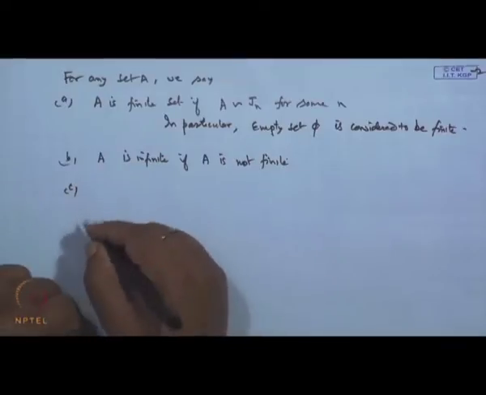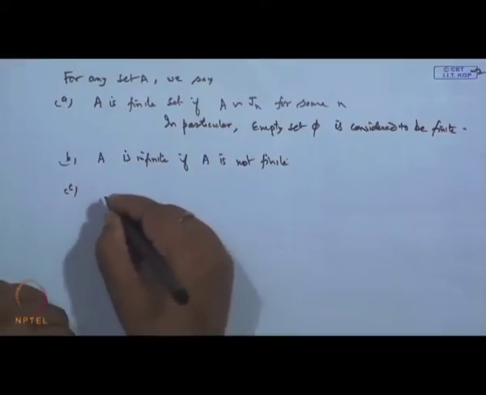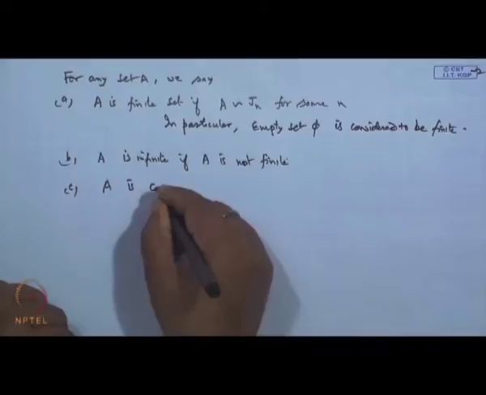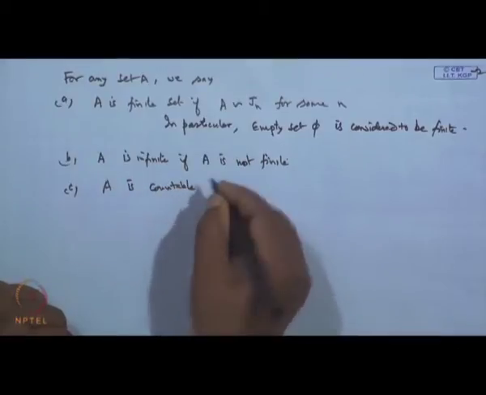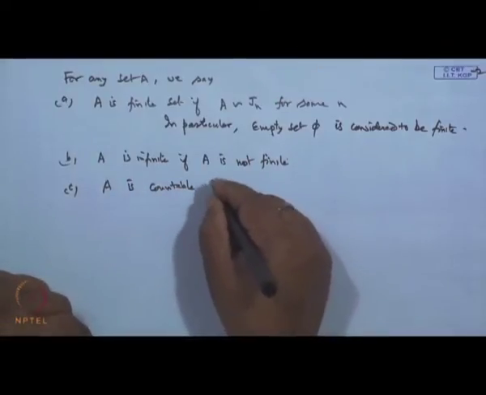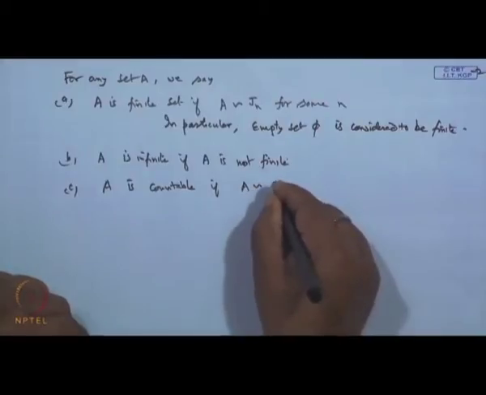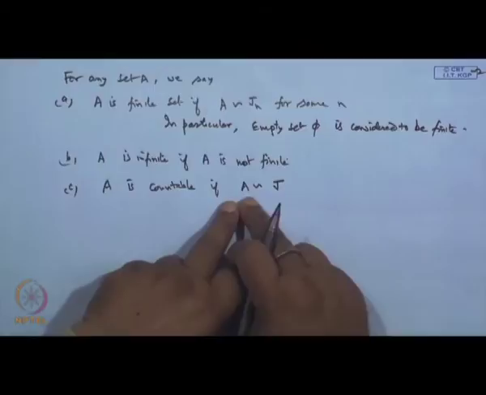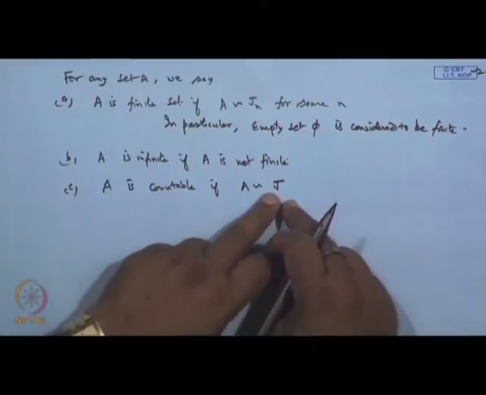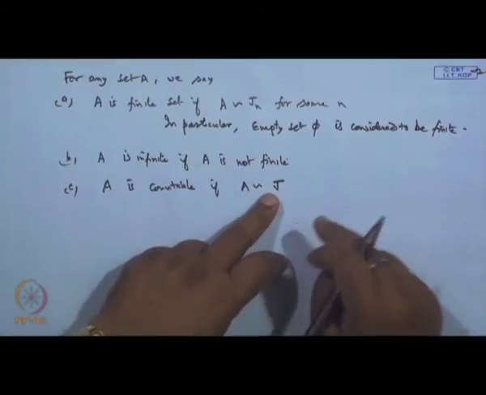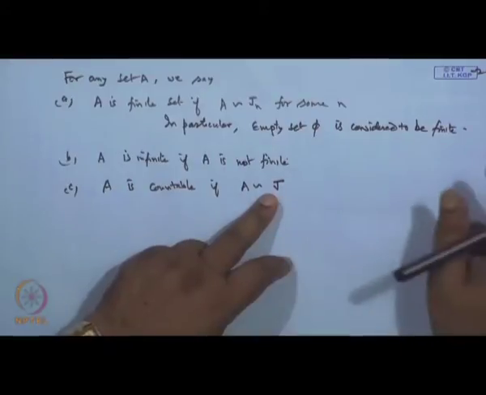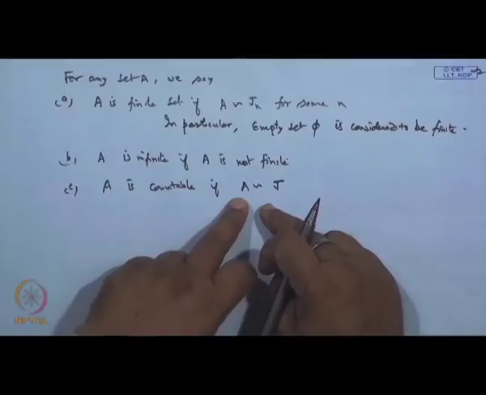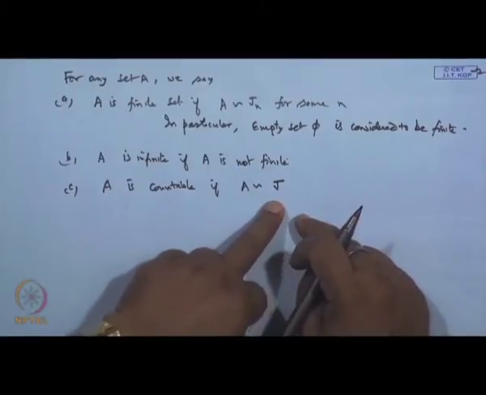And A is countable if A is equivalent to J, that is, there is a one-to-one correspondence between the elements of A and J, or we can define a mapping from the set of positive integers to A which is 1-1, then such a set A is said to be a countable set.